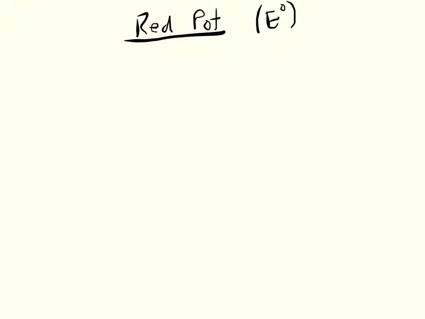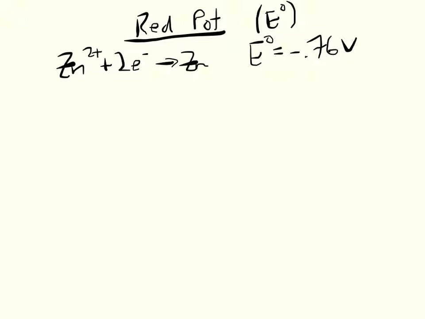So for example, the reduction of zinc 2+, Zn2+, if it gains 2 electrons to become pure zinc, we can measure the voltage that this would create, and this creates a voltage of -0.76 volts.